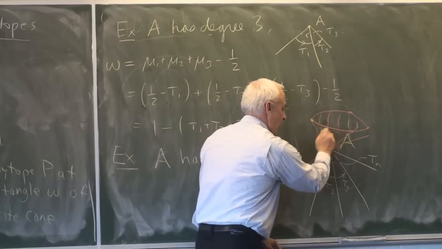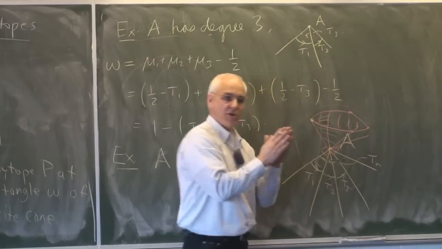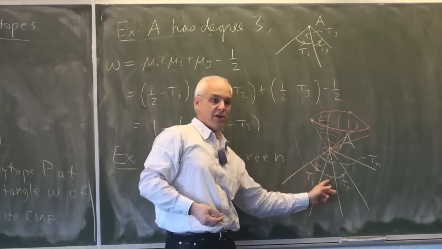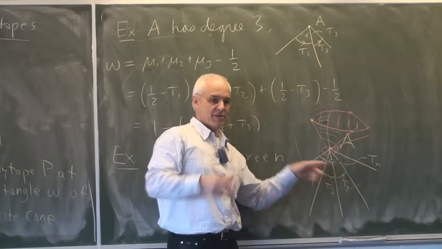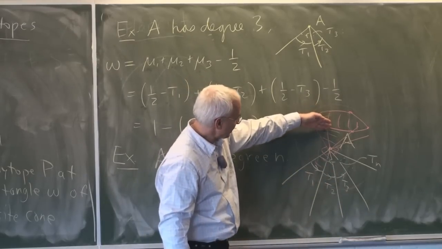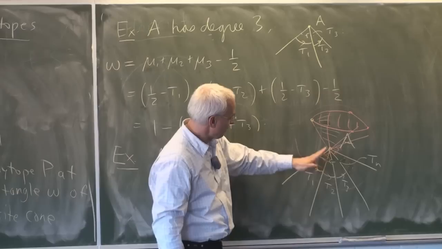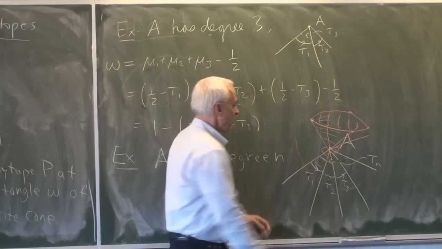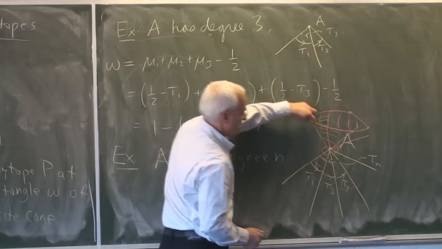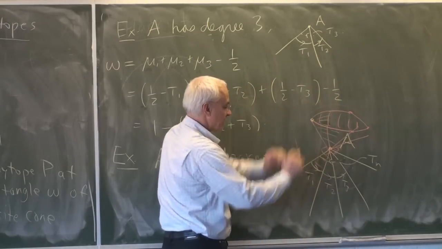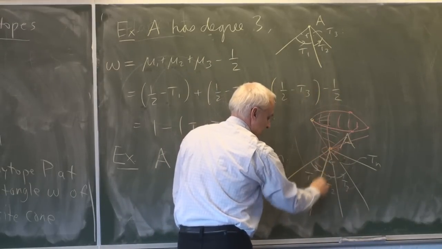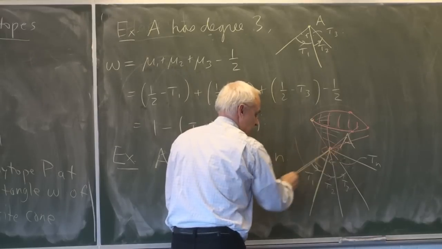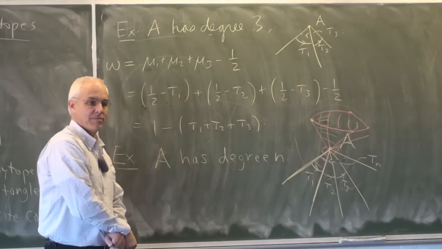The faces of this opposite cone are perpendicular to the edges here. It's a duality, so the faces here are perpendicular to the edges here, and the faces here are perpendicular to the edges here. A particular vertex in this n-gon has two faces, one perpendicular to one of these edges, and the other perpendicular to the other edge.